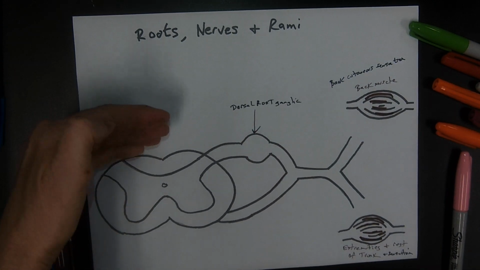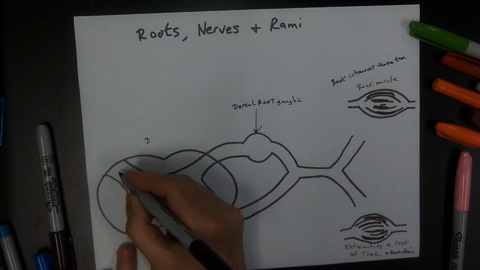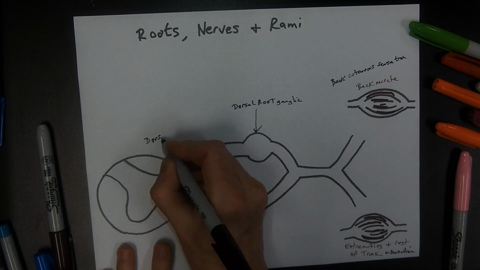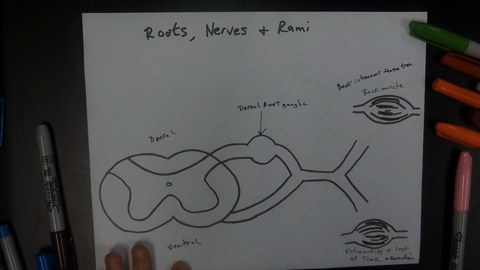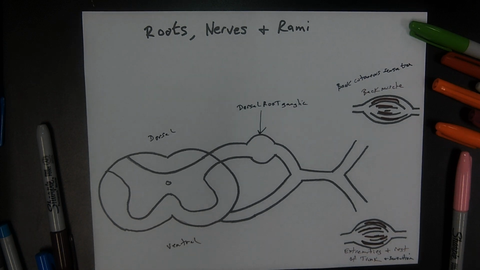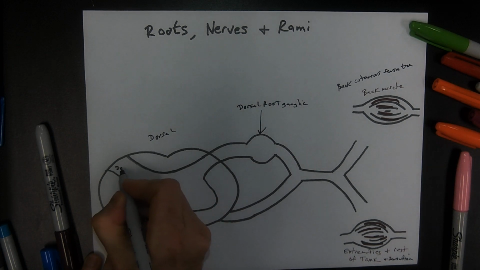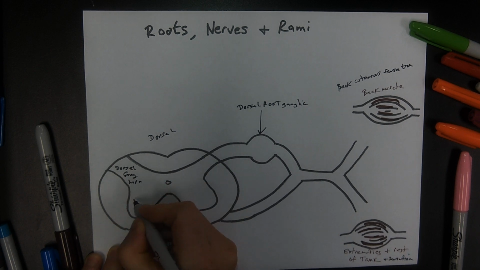And again, that makes sense because this part would be dorsal because the gray horn is touching the outside. So this is dorsal and this is ventral. Okay, and we talked before, here's your dorsal gray horn. Ventral gray horn.